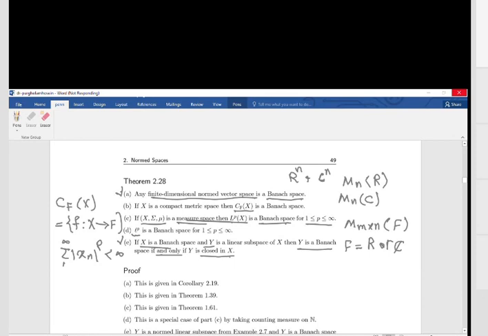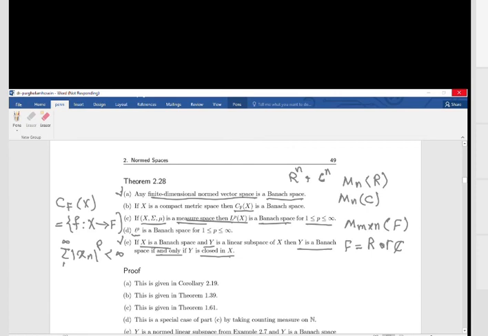Another example of a Banach space: if X is a Banach space and Y is a linear subspace of X, then Y is a Banach space if and only if Y is closed.